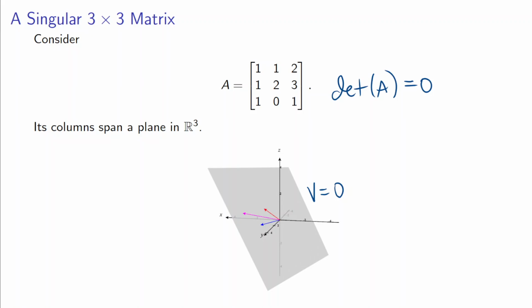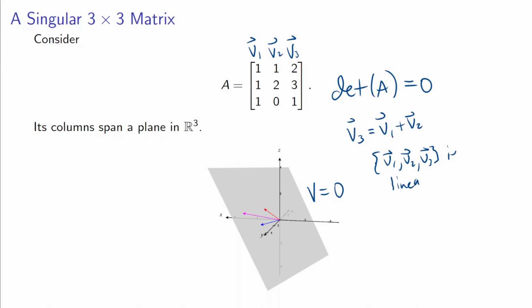We can also see, if we call the columns v1, v2, v3, that v3 is equal to just v1 plus v2. So again, this set v1, v2, v3 is linearly dependent.